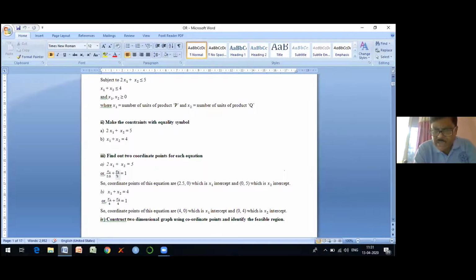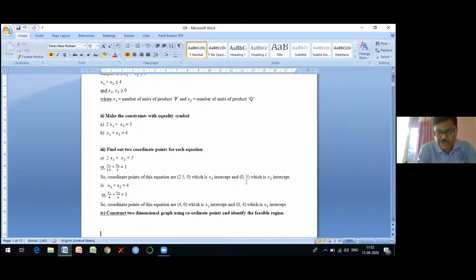And in the same way, here the value of x2 is 5. Therefore, the value of x1 will be 0. So we are getting 2 points. One is (2.5, 0), another one is (0, 5). So with the help of these 2 coordinates, we can draw a straight line.